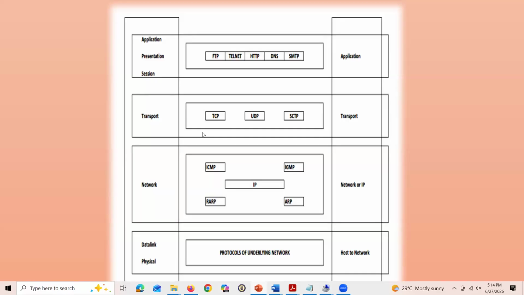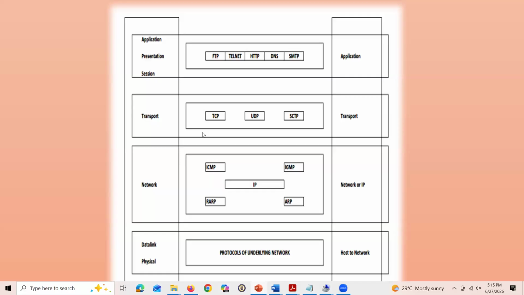These are all protocols used for transmission or that help in the network and IP layer: Internet Control Message Protocol, Address Resolution Protocol, and Reverse Address Resolution Protocol. Any question on that layer?